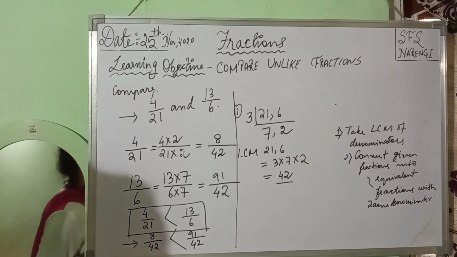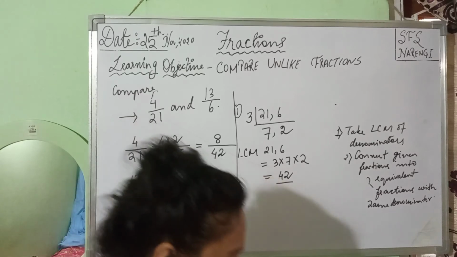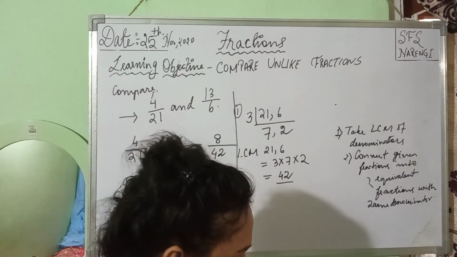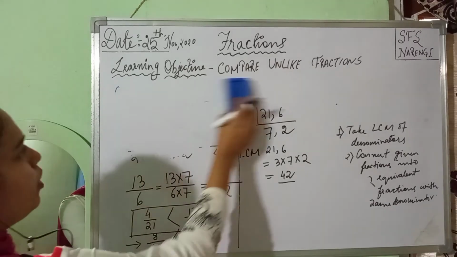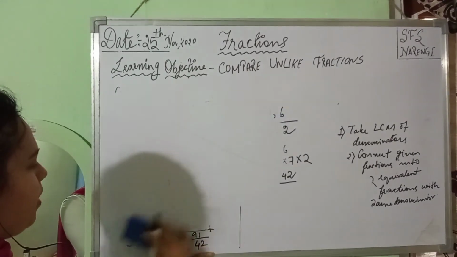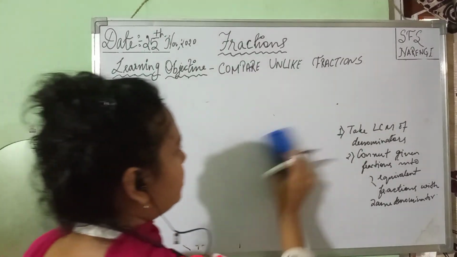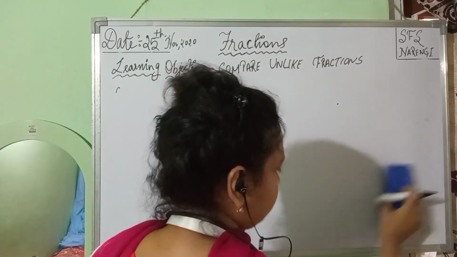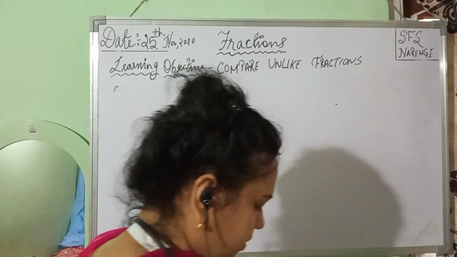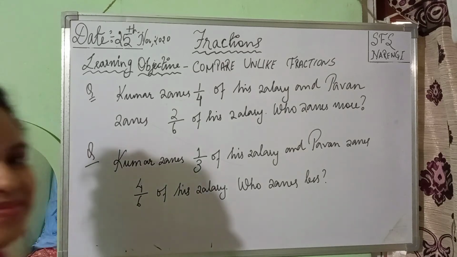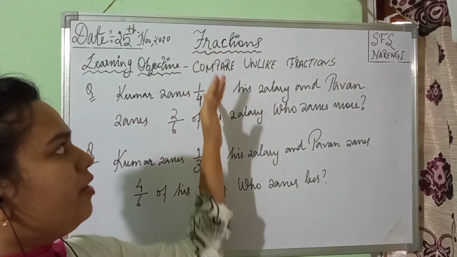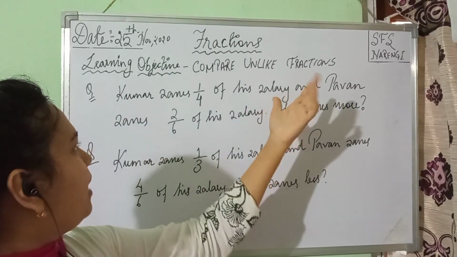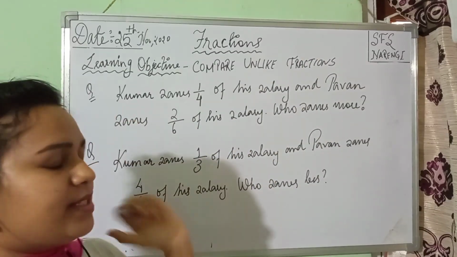Is it clear, children? I hope it is clear. Alright. Now I want you to do 2 more problems, okay? So see, children, Kumar saves 1/4 of his salary and Pawan saves 2/6 of his salary.